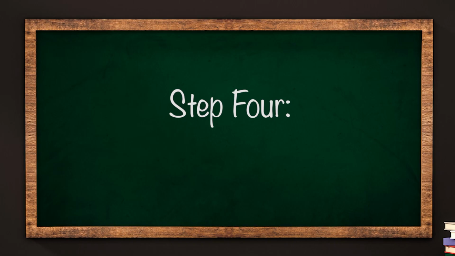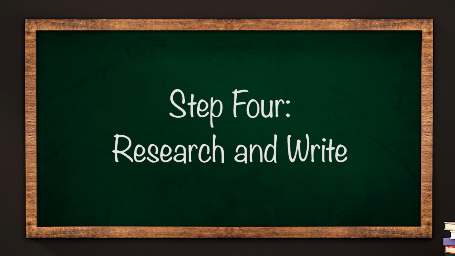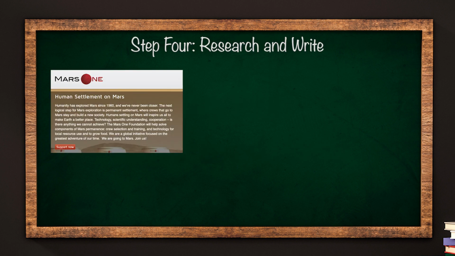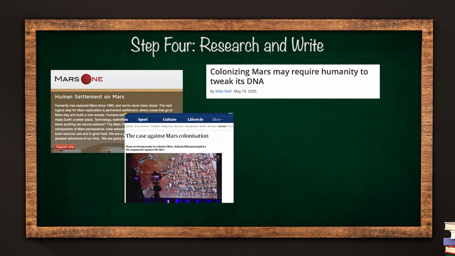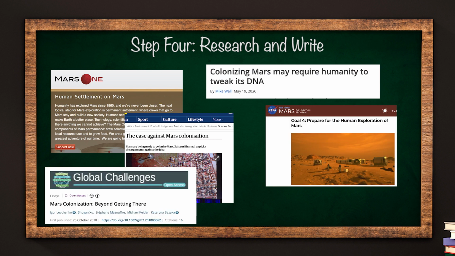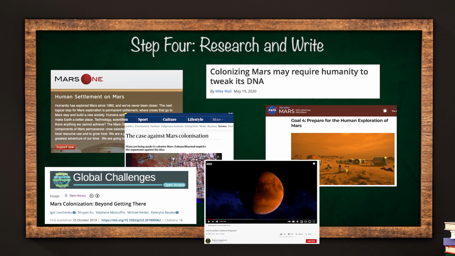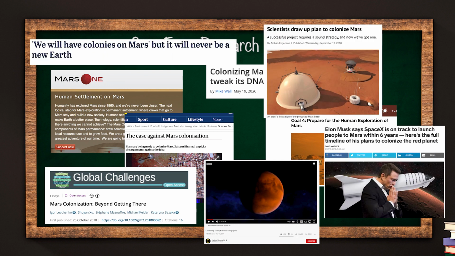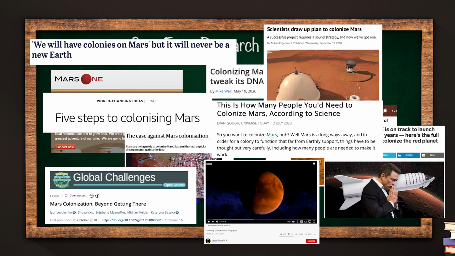This is our fourth step, researching and writing. When researching, look up facts and articles about the topic. Look for information that supports your side of the topic. However, don't dismiss arguments that support the opposition's side, but prepare rebuttals in case they use some of these.